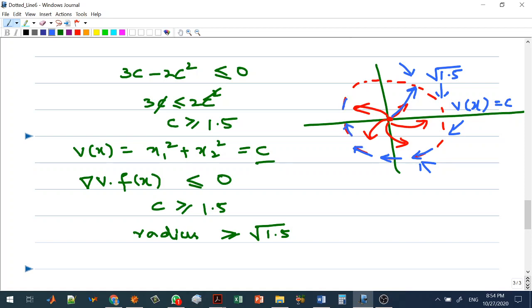So this is essentially the location of the limit cycle. So not only have we established that a limit cycle exists because we were able to find a region that traps the trajectories, we have actually located the limit cycle as well.